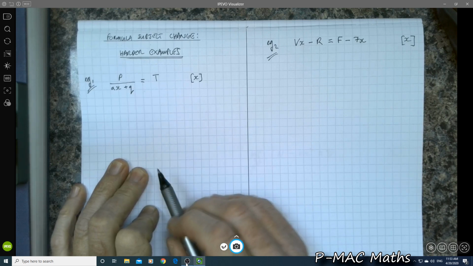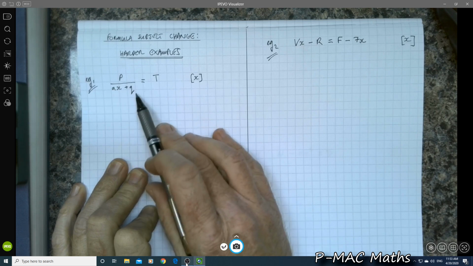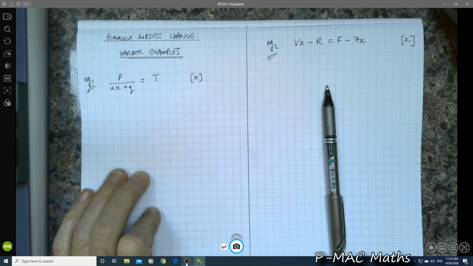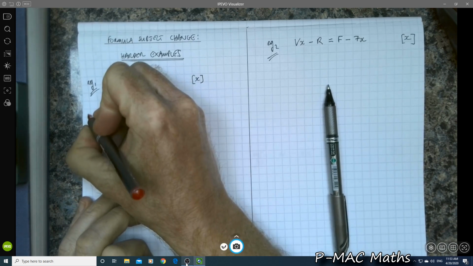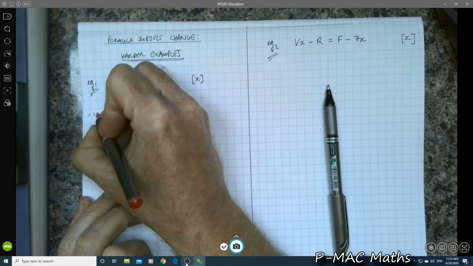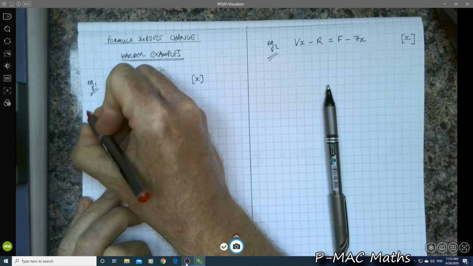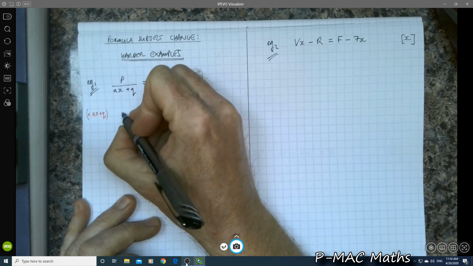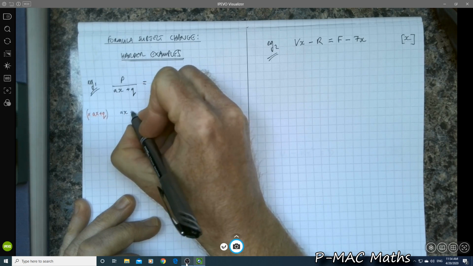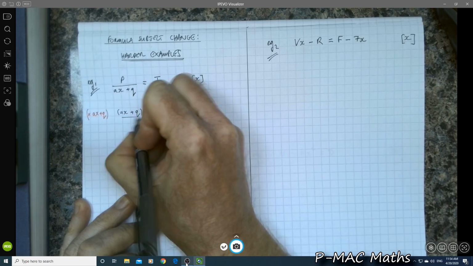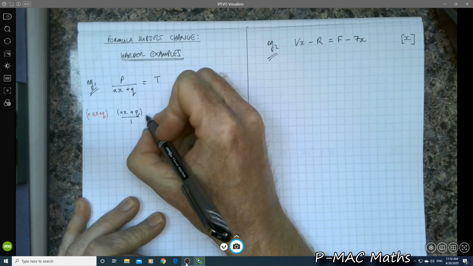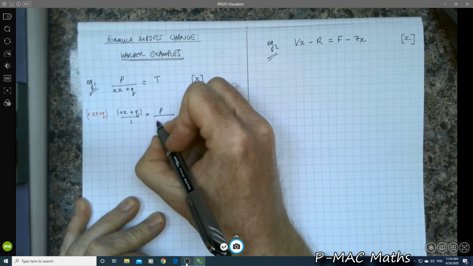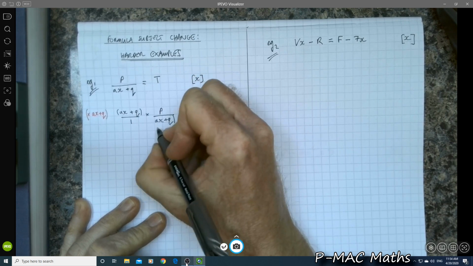So my first operation is going to be multiplying both sides by this denominator to clear fractions. So we'll multiply both sides by ax plus q. And what this has the effect of doing, if we do a full expansion, and you wouldn't normally write all this out, you're basically multiplying ax plus q over 1, if I want to write that bracket as a fraction, and then multiplying that by p over ax plus q.